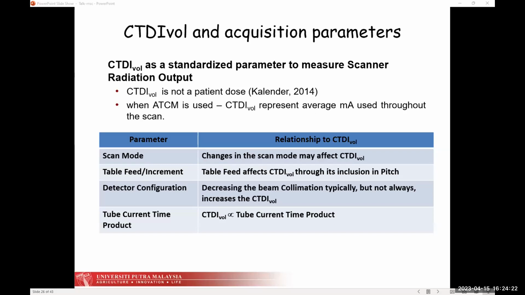Again, the detector configuration also matters: when we decrease the beam collimation, especially the nominal beam width, of course it will increase the CTDI vol. And the other primary factors, such as tube current, are proportional to the CTDI vol.